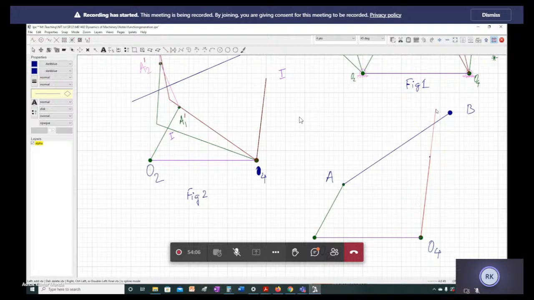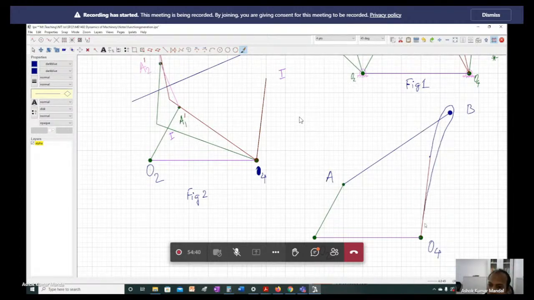Or see, you can do this, or you can have a link like this. Any kind of shape you can give. See, this is the follower. I can just start from here and extend the follower and make the follower like this. Okay, this is the follower we have.